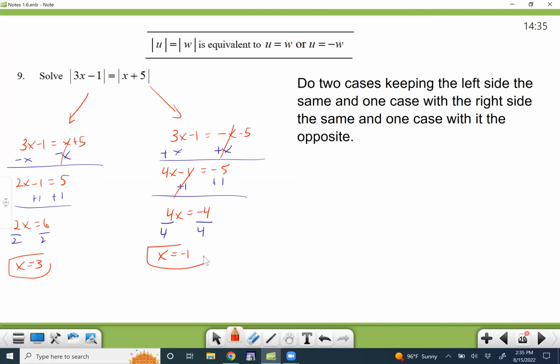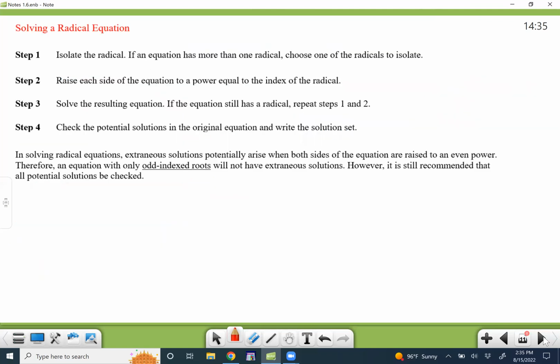You never have to check these. They always turn out to be correct. Okay, so those are how you do it if you have absolute value brackets on both sides of the equation. Those come up rarely, so it's easy to forget, but luckily it matches with what we would normally do.